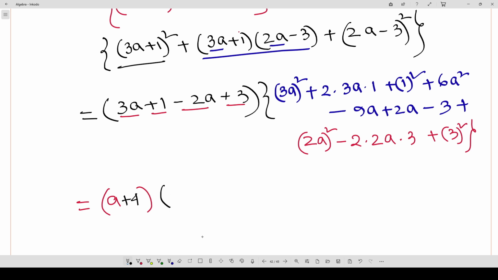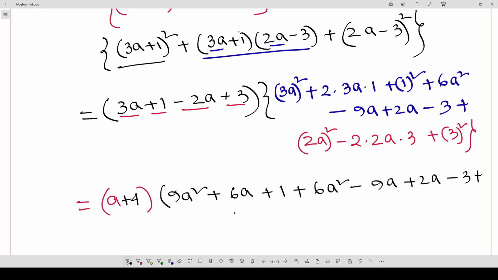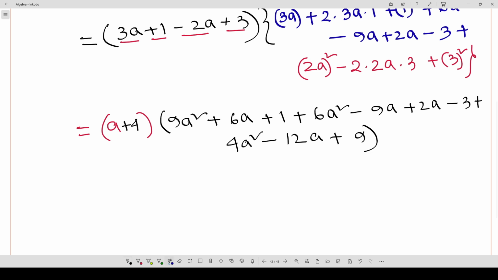Now 3 squared: 9a² plus 6a plus 1, then plus 6a² minus 9a plus 2a minus 3, plus 4a² minus 2 times 2 is 4, 4 times 3 is 12a, plus 3 squared, which is 9. So here we get plus 4.